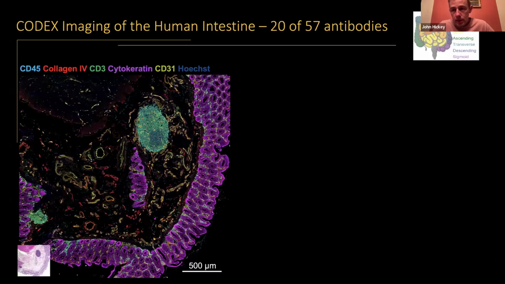So this is an example of one of these images from this technology. Basically what we're doing is we take a tissue. Let's say a patient goes into the doctor's office and gets a biopsy.